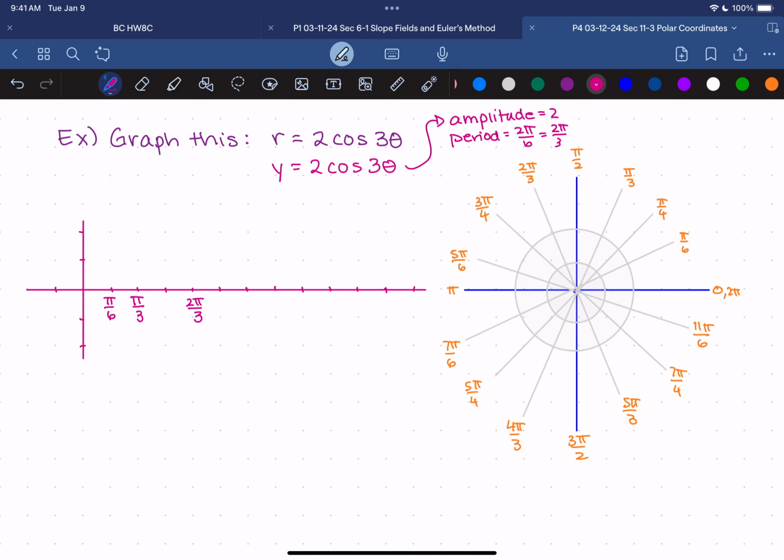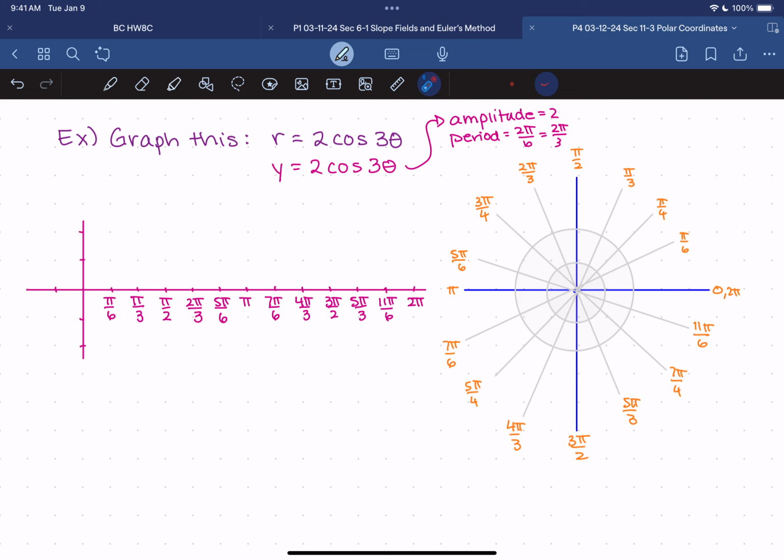I'm going to go ahead and just label all these points now. So we got 1 pi over 6, 2 pi over 6. This would be 3 pi over 6, which is pi over 2. 4 pi over 6, 5 pi over 6, 6 pi over 6, 7 pi over 6, 8 pi over 6, 9 pi over 6, 10 pi over 6, 11 pi over 6, and 12 pi over 6.